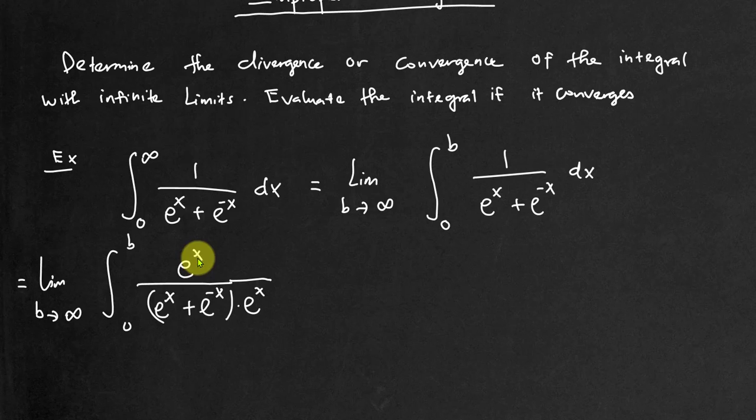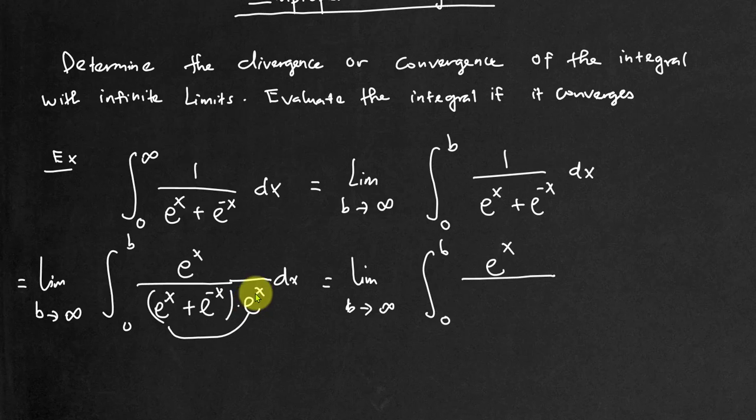If you multiply something on the top, make sure you do the same thing to the bottom part. Now let's simplify the expression and see what we get here. On the top, I still have e to the x, and now I make the distribution. I have e to the x times e to the x, so that is e to the 2x, right? We add the x and x together.